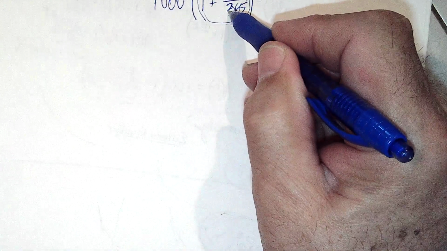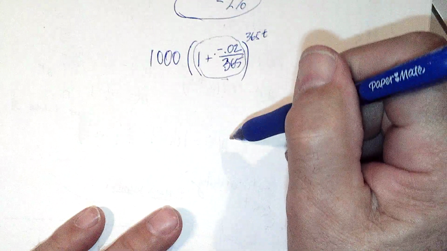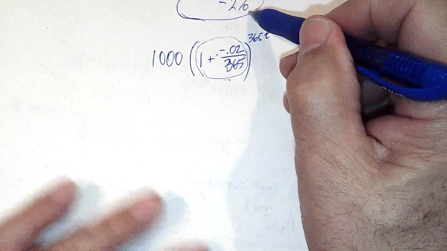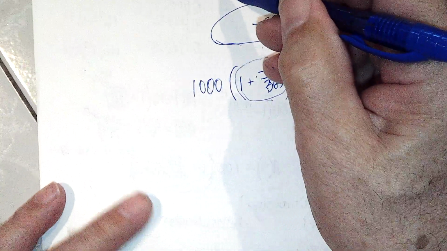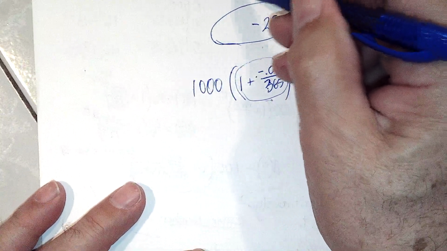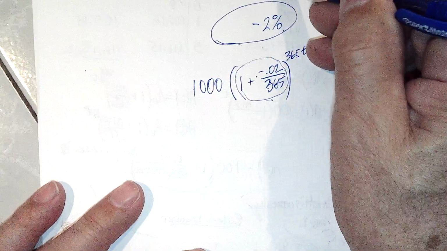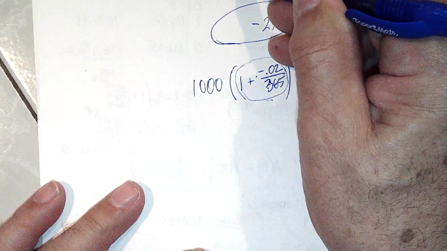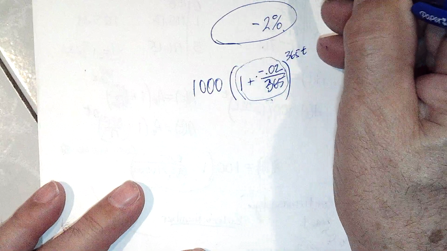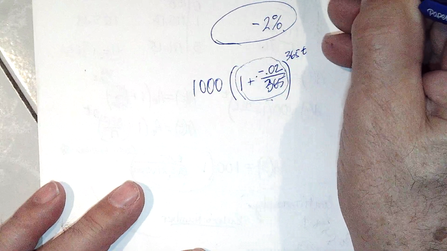If it was doing it annually, if we had something where we were losing 2% per year, another way to look at that is we would have 100% minus 2% loss, so we'd be keeping 98%.